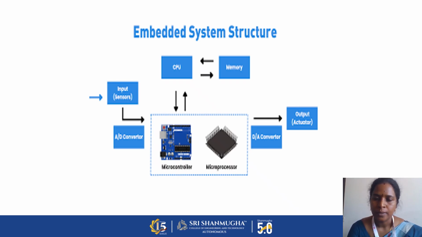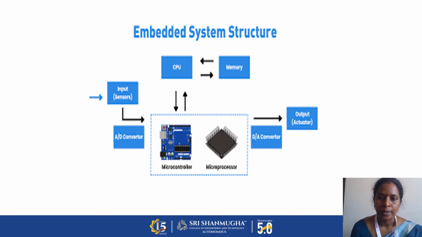So what are all the components present in the entire structure? A lot of sensors, where every sensor depends upon the application, an analog to digital converter, central processing unit and memory units, D2A converters, and the output part. That is especially used in the actuator segment to enable and disable, for on and off purposes.